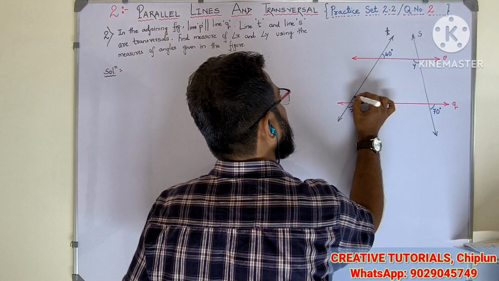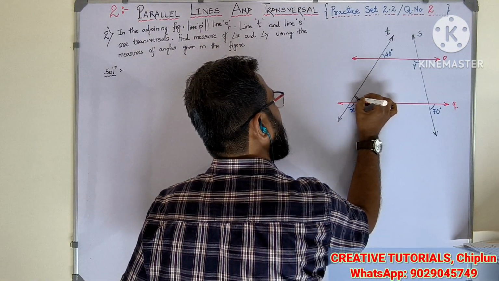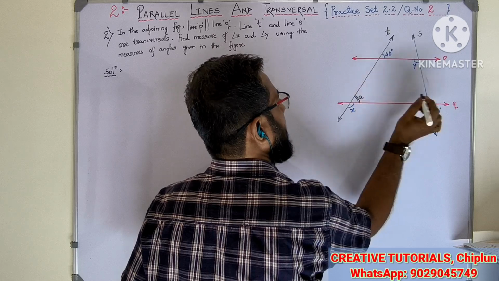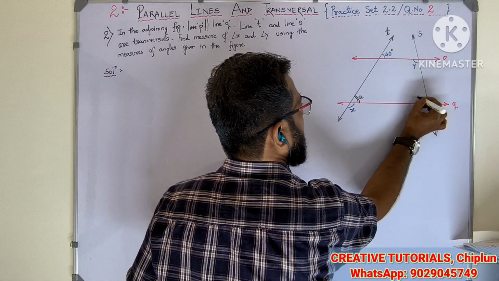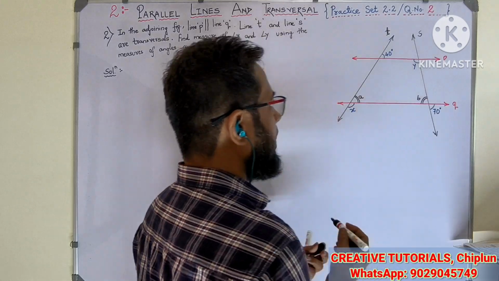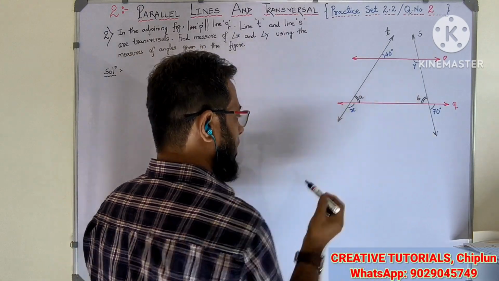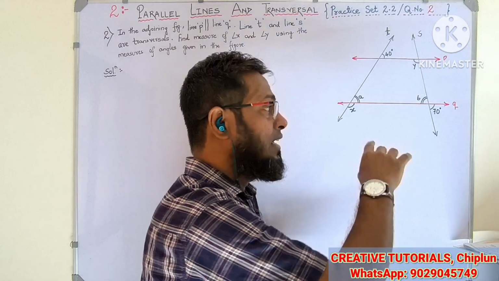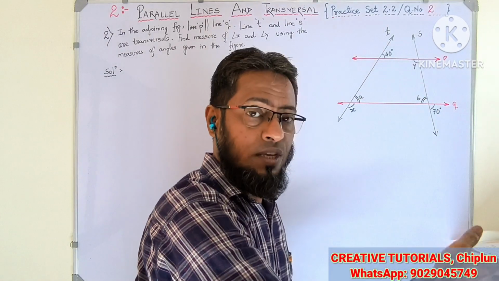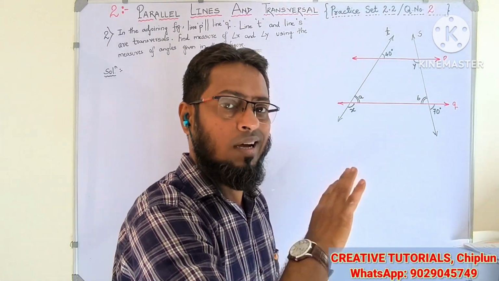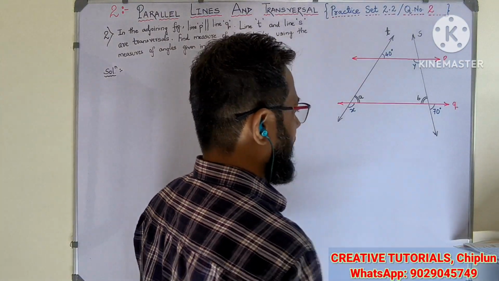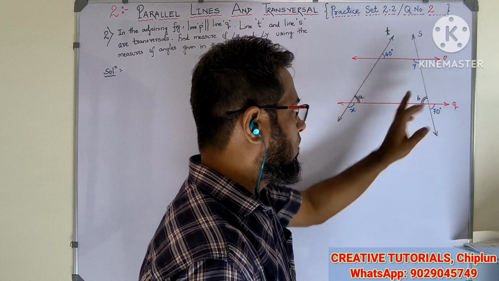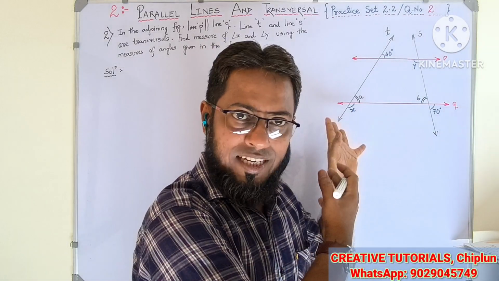Let me consider this angle as angle A and this angle as angle B. Deliberately I have made this symbol to make you understand that this is something additional which we are assuming so that our solution goes on smoothly.